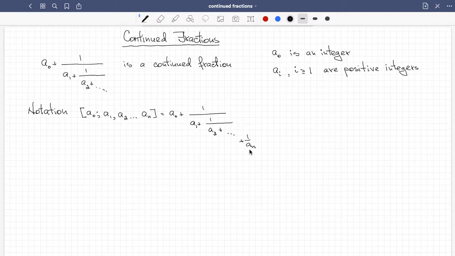And we write simply a0 semicolon a1, a2, dots for an infinite expression.